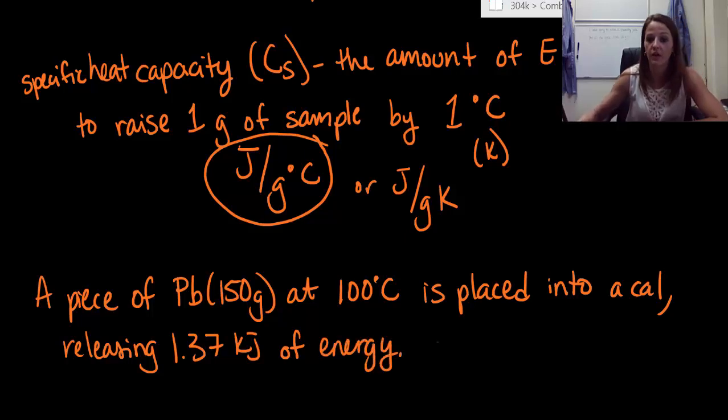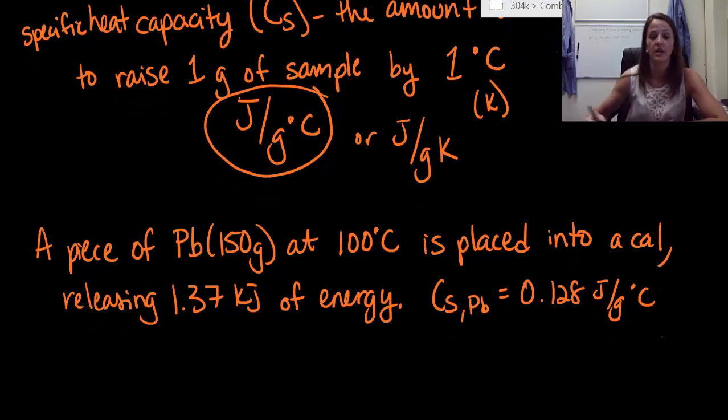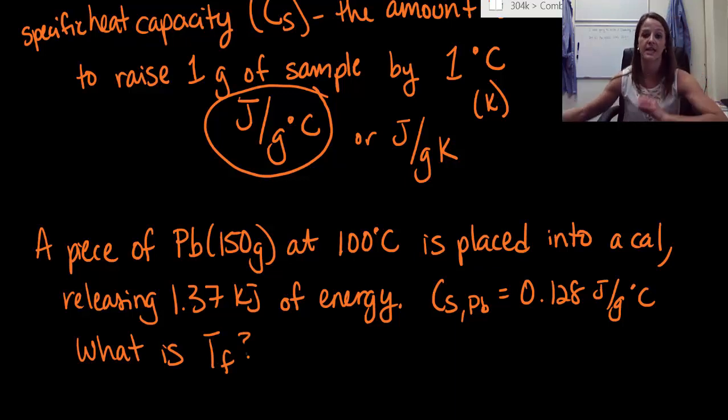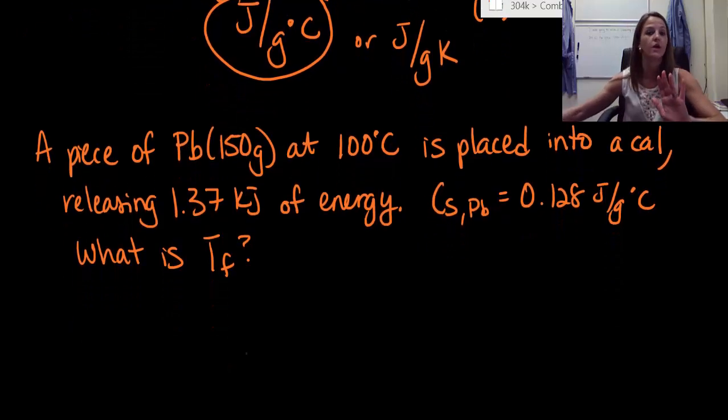We're going to tell you that the specific heat of lead is equal to 0.128 joules per gram degrees Celsius. My question here is, what is TF? What is the final temperature of your lead sample? We're going to work through this together. I'm not going to make you do this on your own yet.